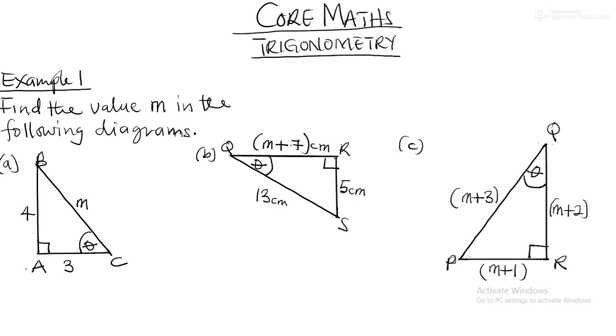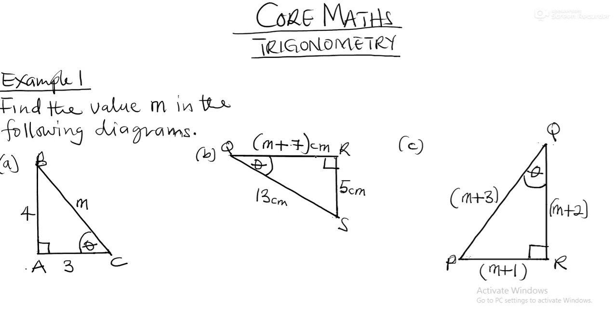So the question was, find the value of m in the following diagram. So we'll move on to diagram 2, that is the B. So we have our right-angled triangle here, and we learned that this side is the hypotenuse. This side will be the opposite because of this reference angle, and then this side will be the adjacent. So we learned from Pythagoras theorem that the square of the hypotenuse is equal to the square of the opposite plus the square of the adjacent.